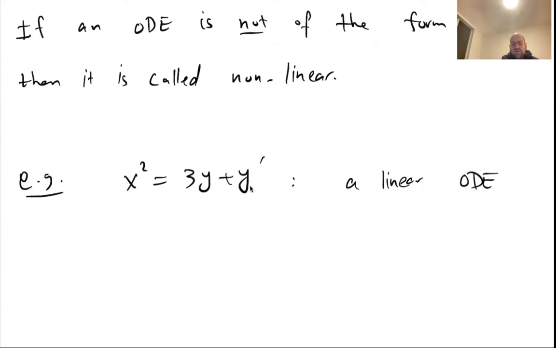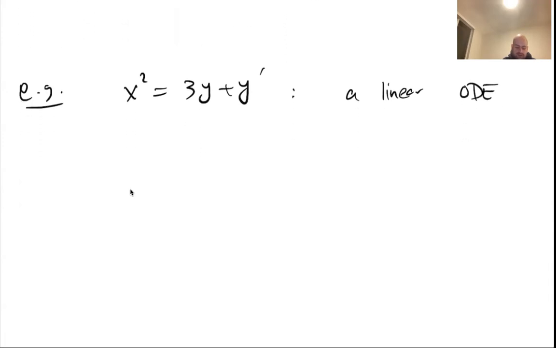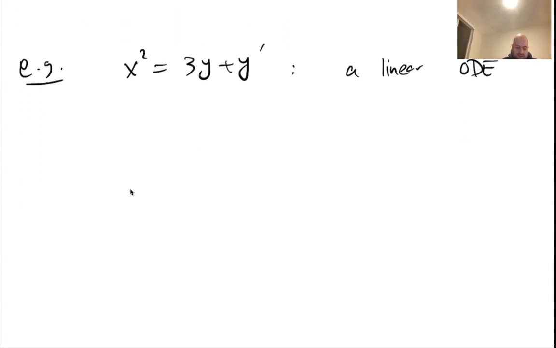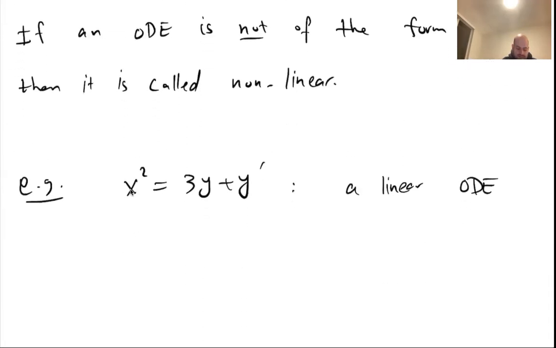Y and all its derivatives are linear here. There's power 1 for y, power 1 for y prime. There's power 2 for x, but that's okay according to the definition of a linear ODE. So this is a linear ODE.